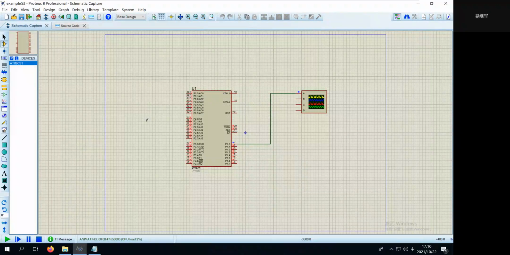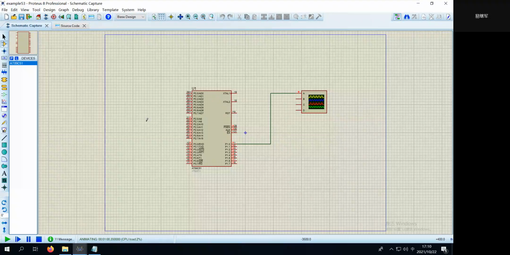Okay. After we learn something fundamental about the microcontroller, we will show you some examples using this software. Okay, we will look for the free version. That would help you understand the microcontroller.